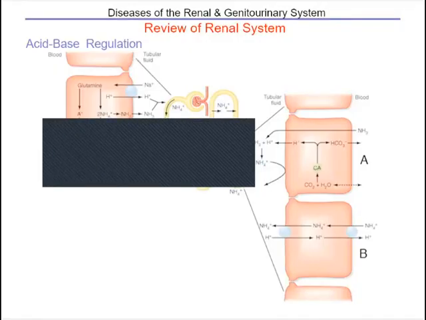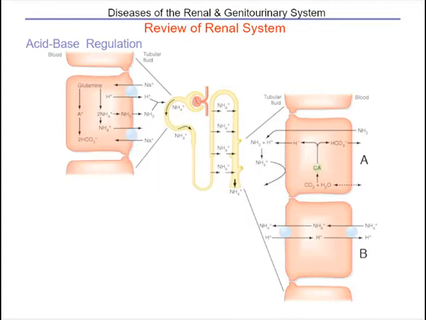So let's continue to take a look at the renal handling of ammonium ion. So when your ammonium ion is produced from your glutamine metabolism, what happens to the ammonium ion? So here's your glutamine, and then as a result of your glutamine metabolism, you produce ammonium ion, and of course also bicarbonate, based on our previous discussion.